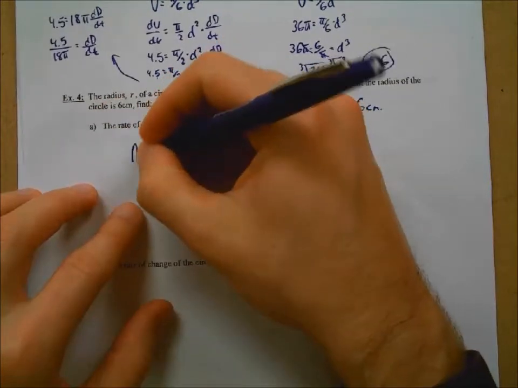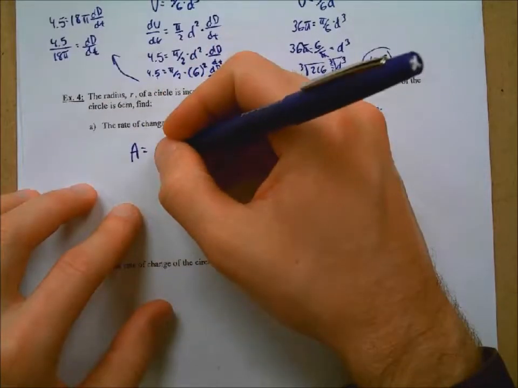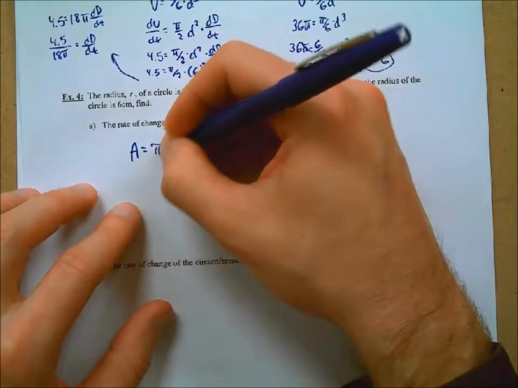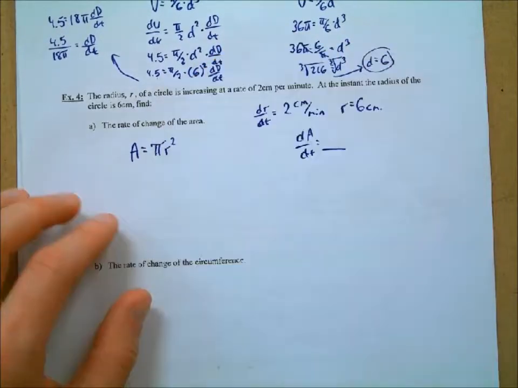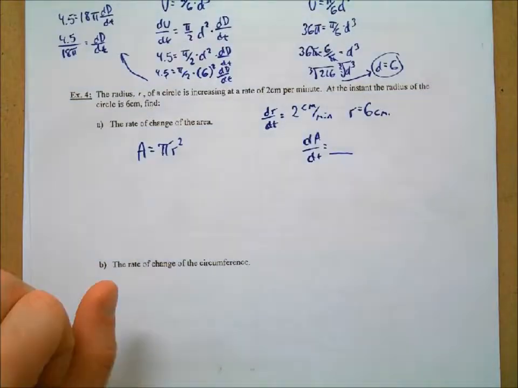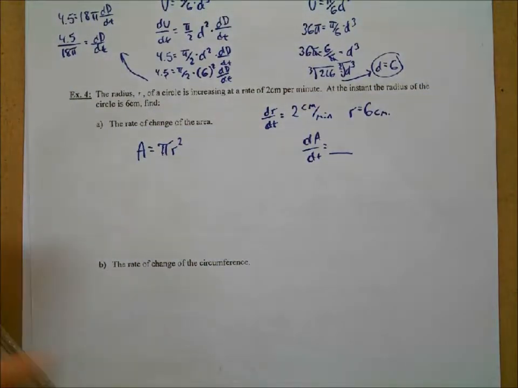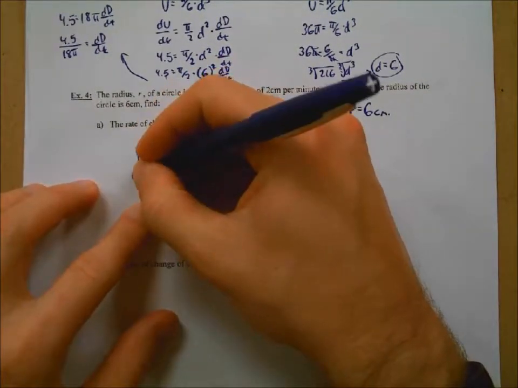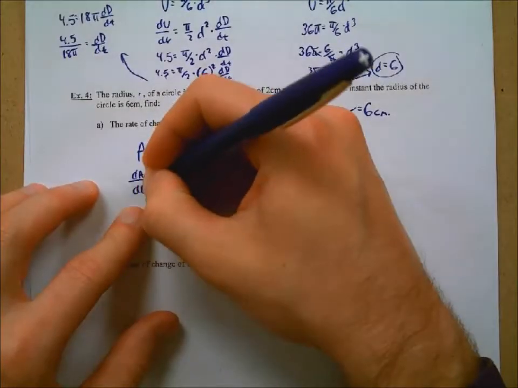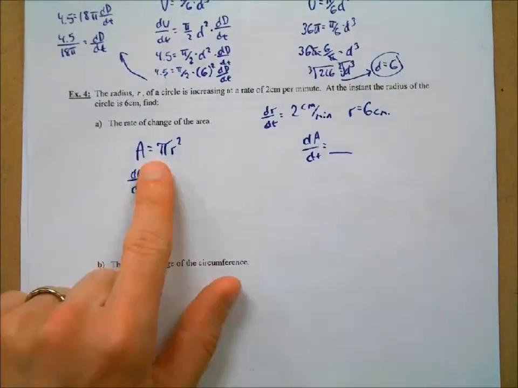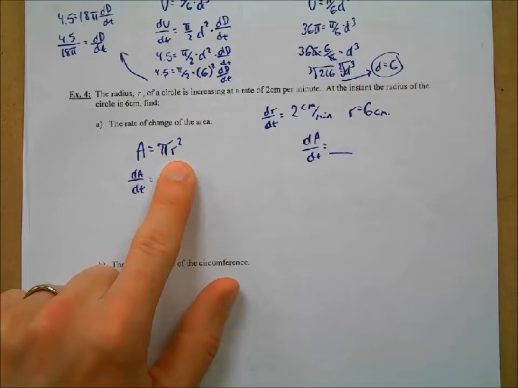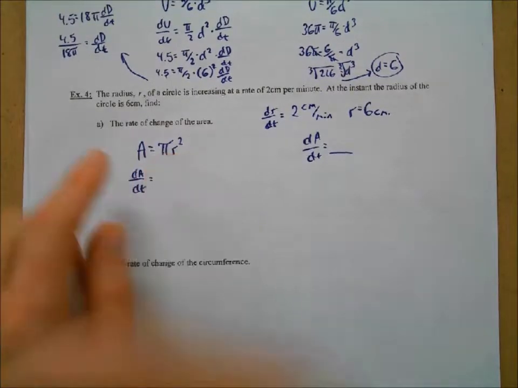Don't take the derivative just yet, but what was the second part you were going to say? The area formula for a circle, which is pi r squared. This is one you will need to know. You need to know the area formula for a circle. Area is pi r squared. But like Sean said, we're going to take the derivative. So the derivative of A with respect to t, dA dt.